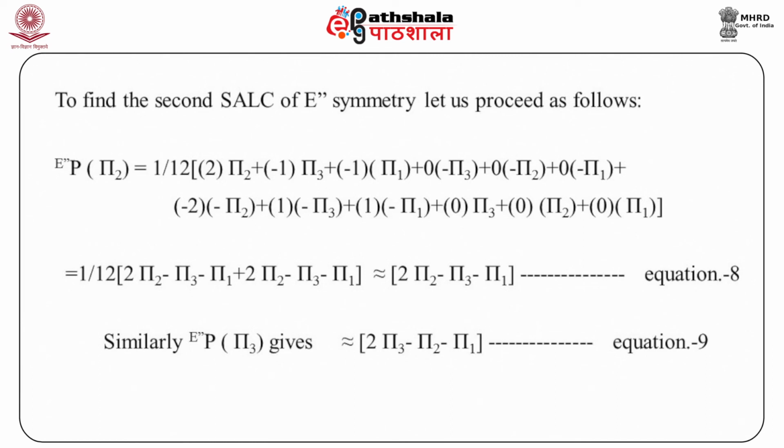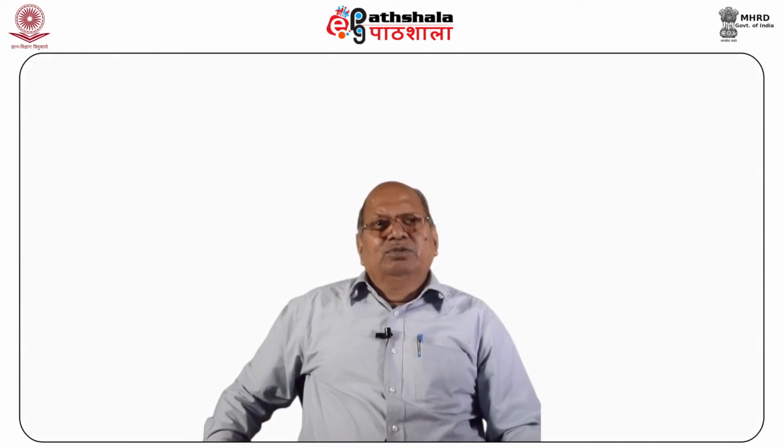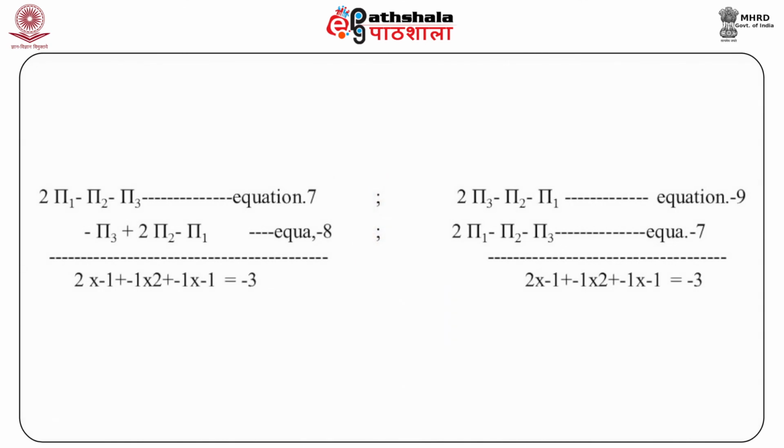E'' projection operating on π2, we get the result as 2π2 minus π3 minus π1, that is equation 8, and similarly equation 9, 2π3 minus π2 minus π1. And we have to check now the orthogonality of these SALCs obtained by equations 7, 8 and 9 with that of equation 6.